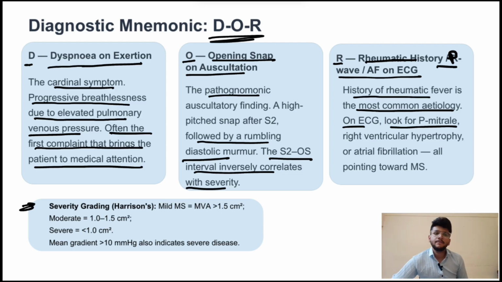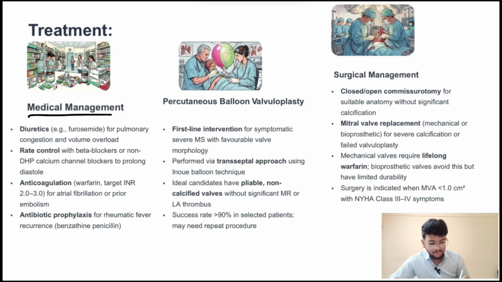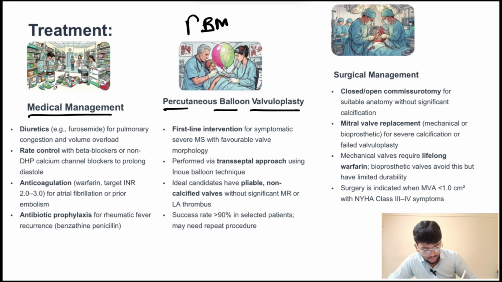Now let us see the treatment part of mitral stenosis, wherein we have the medical management, then percutaneous balloon valvuloplasty, that is PBMC, the percutaneous balloon mitral commissurotomy, and then surgical management.